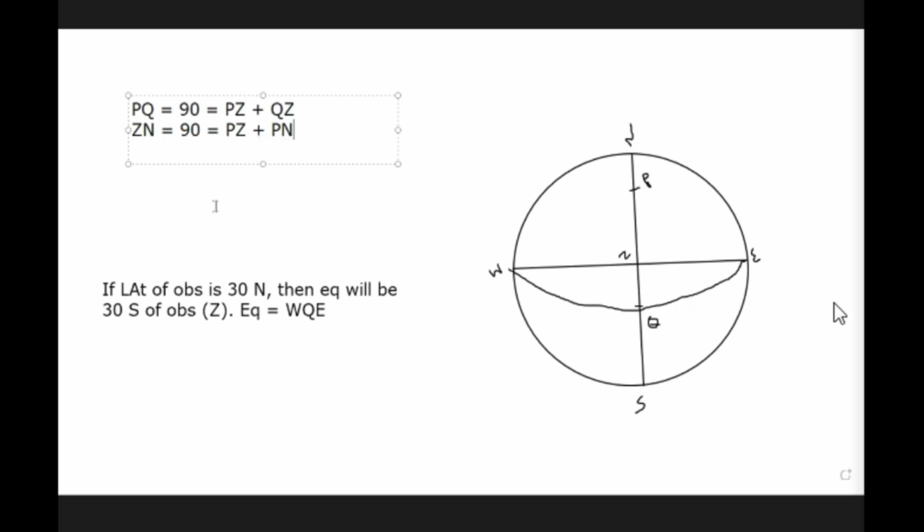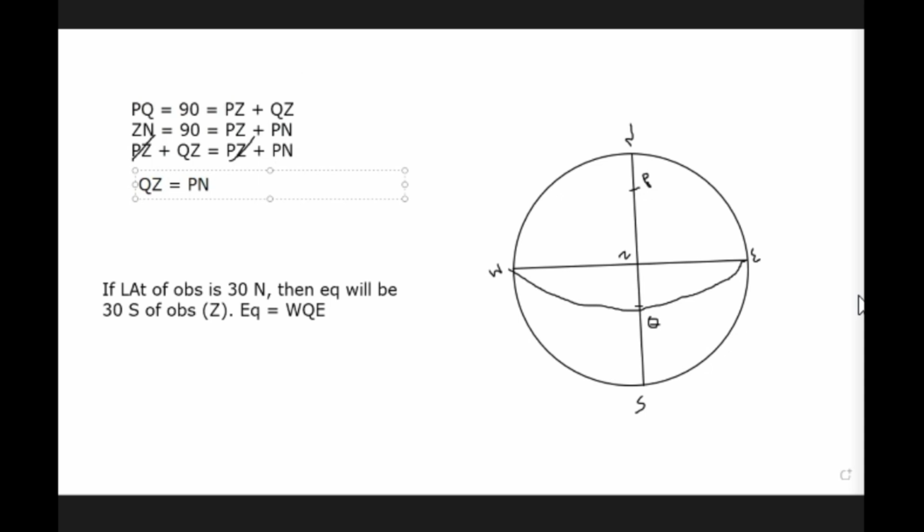Therefore, we can say PZ plus QZ is equal to PZ plus Pn. So PZ will cancel, and what you get is QZ is equal to Pn.